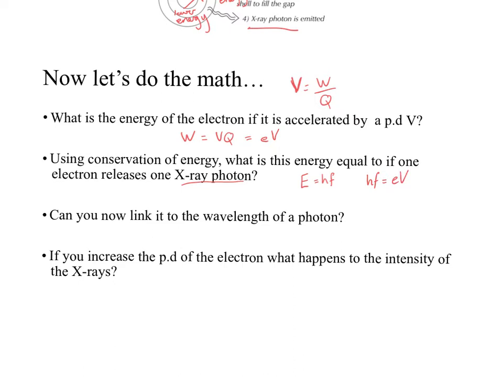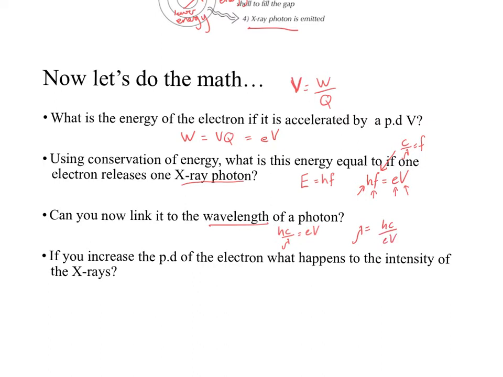Remember, h is Planck's constant, f is frequency, e is the charge of an electron, and V is the potential difference. If we want to link it to the wavelength of the X-ray photon, then we simply substitute c over lambda for f. I explained that already at the beginning of the video, so you already know about that one. So hc over lambda is equal to eV. And if you want to find the wavelength, then that would be hc over eV.